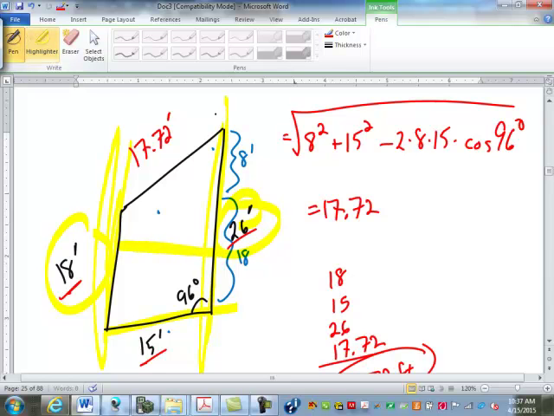Can I find a height? Not 15, no, because the height has to be perpendicular, and that's not. I cut it across here, though, at a perpendicular. What's this angle here going to be? 6 degrees. Right. This will be 90 here, and if this was 96, you subtract, you get 6 degrees there.